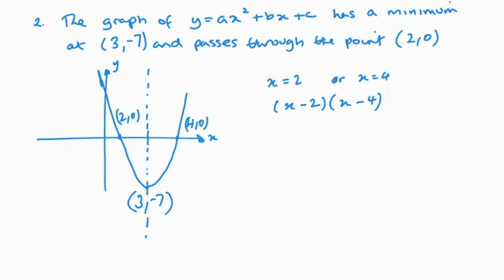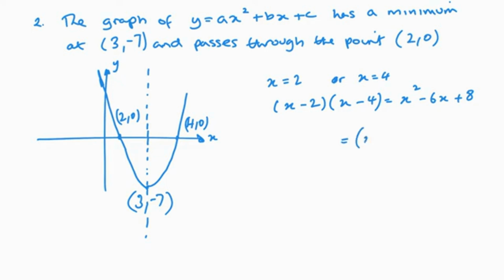But for here, I'm just going to start at this point. So expand this bracket, it's going to give me x squared minus 2x minus 4x plus 8, so x squared minus 6x plus 8. Okay, and now let's complete the square of that.